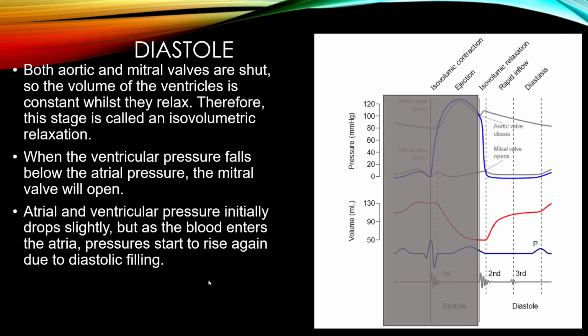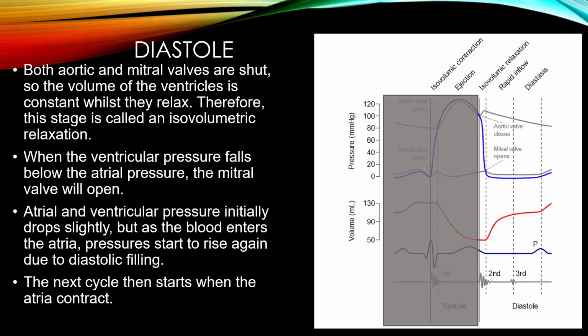So the pressure again rises, and due to this rise, the second phase of the cycle starts, and the blood is then again pumped into the general circulation. Here you can see that the ventricle is relaxing and the volume is increasing. When the volume reaches its peak, the contraction again starts, and the next cycle is then started.